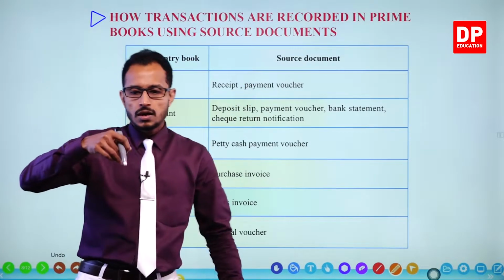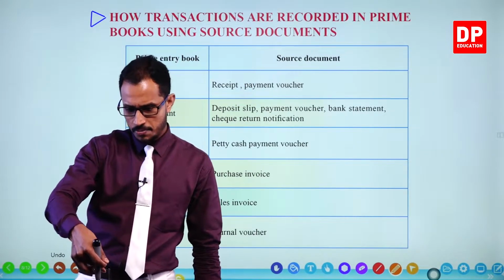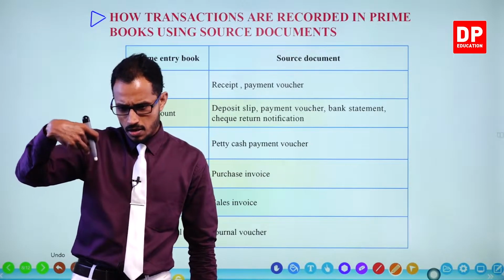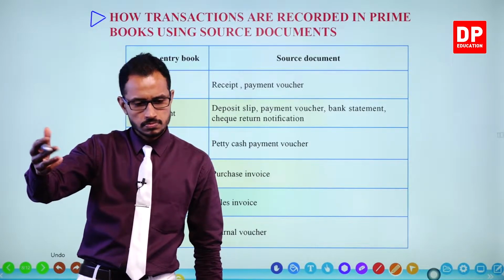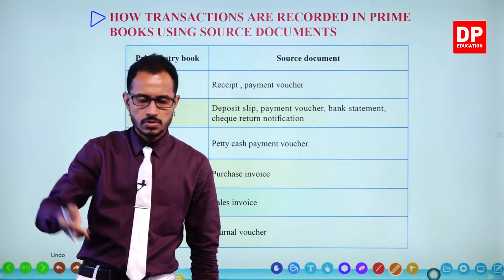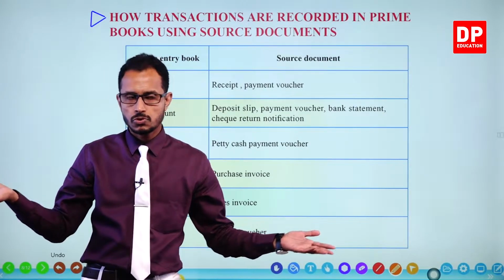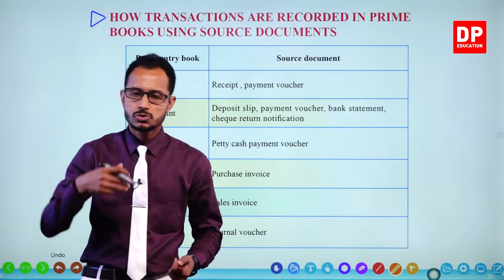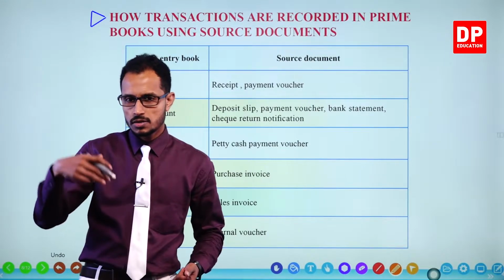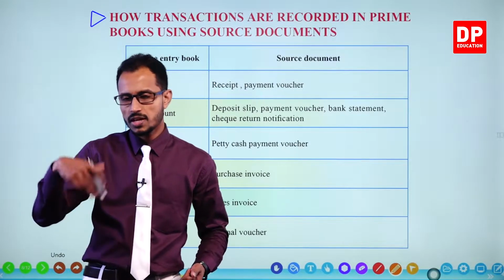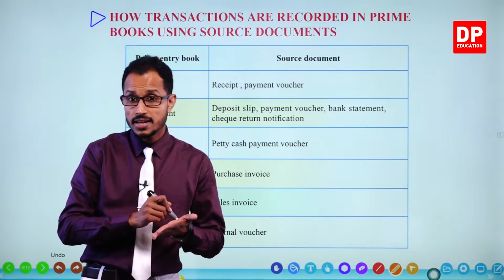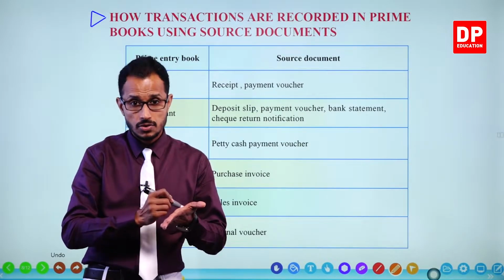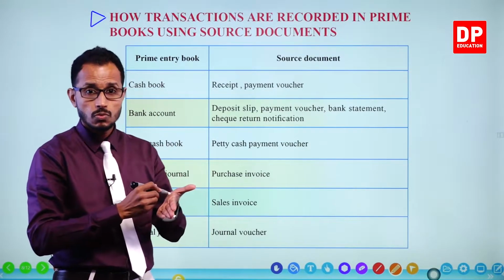Let's say you pay a supplier 100,000 for the goods that they have supplied to us. You pay him with 100,000 cash, and you write a receipt.